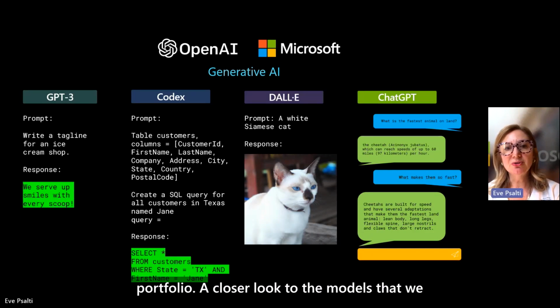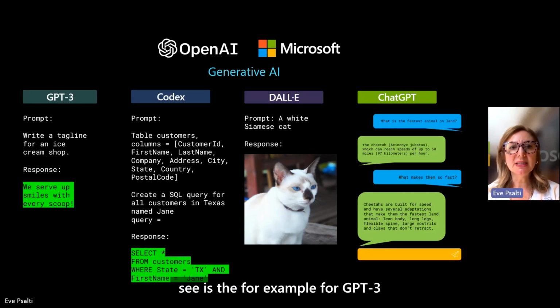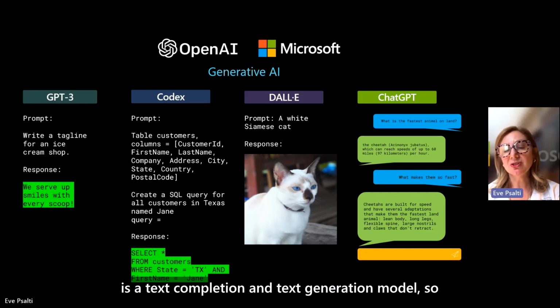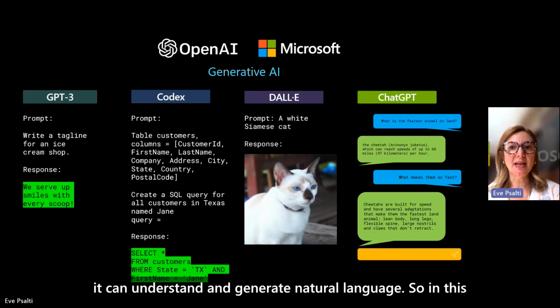A closer look at the models: GPT-3 is a text completion and text generation model, so it can understand and generate natural language.